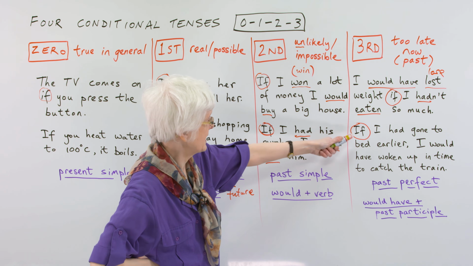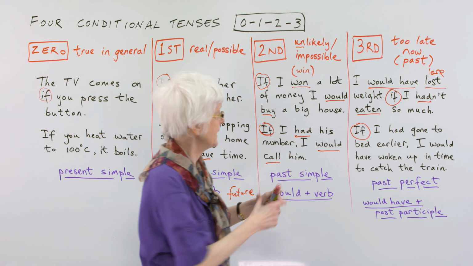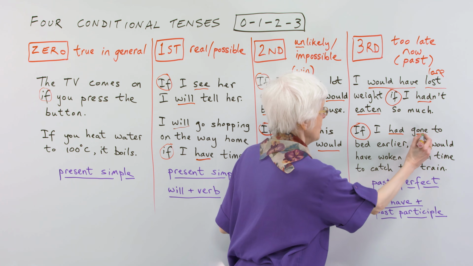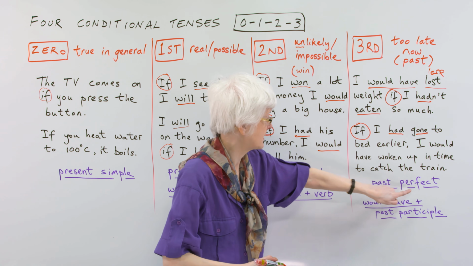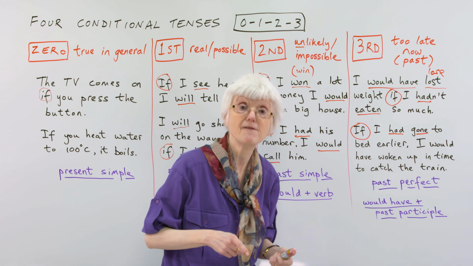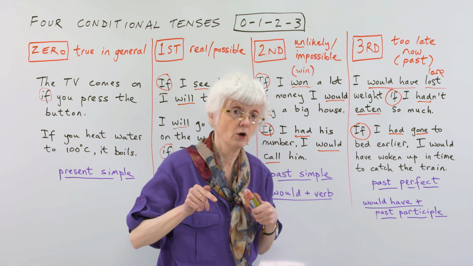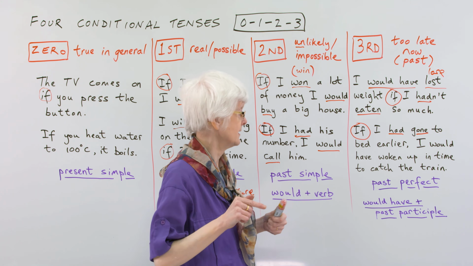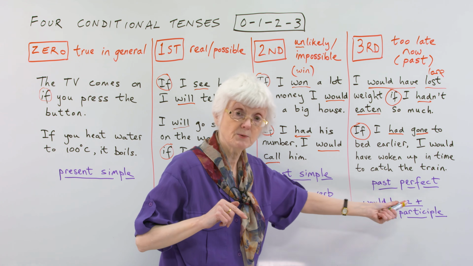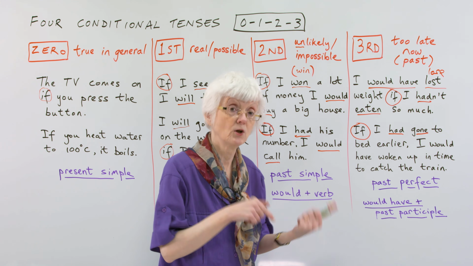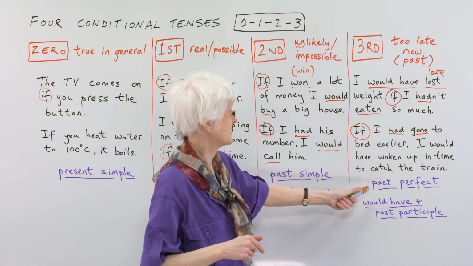Right, and then the second example, if I had gone, past perfect. If you say I have gone, with the V in have, that's the present perfect. If you have the past perfect, it's had gone, past perfect.